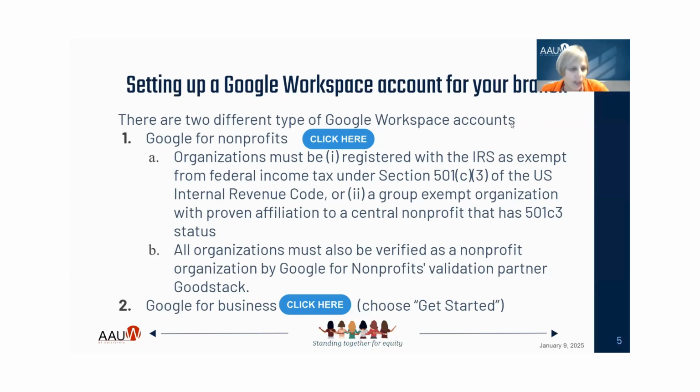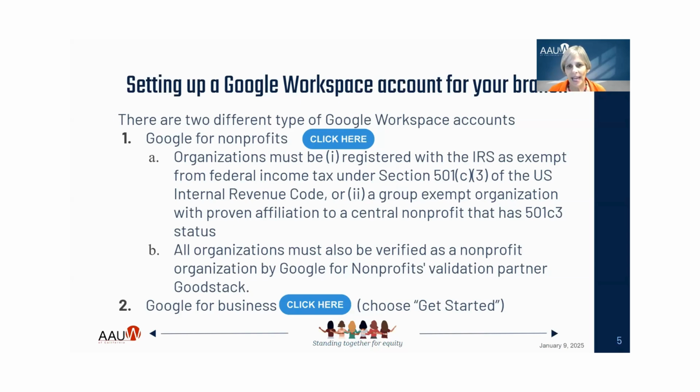All right. So there are 2 different types of Google accounts that you can use for your branch. One is Google for Nonprofits, and the other is Google for Business. Google for Nonprofits requires that you are registered with the IRS as a 501c3. There was a question posed already in the chat about whether a 501c4 is adequate, and it's not.